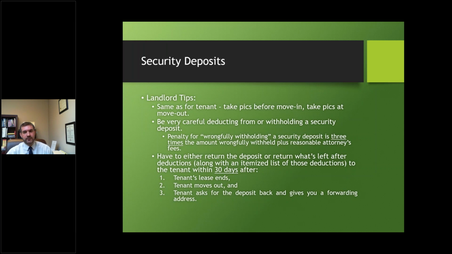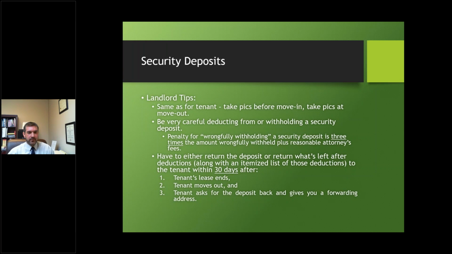Well, that $50 could turn into $150, and then if the tenant has an attorney litigate that case, that could be another $1,500 or whatever the cost of that attorney's fees are. So it can get a little bit pricey. So be careful that what you deduct is actually permitted by the Residential Landlord Tenant Act or the lease, and that it was actually for stuff that ought to be deducted for.